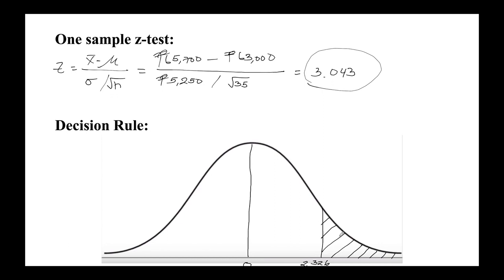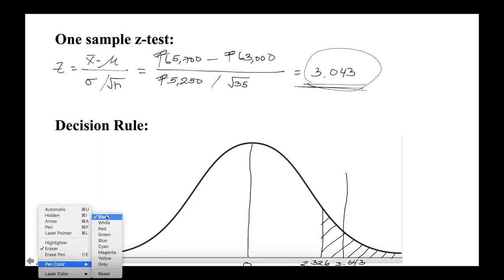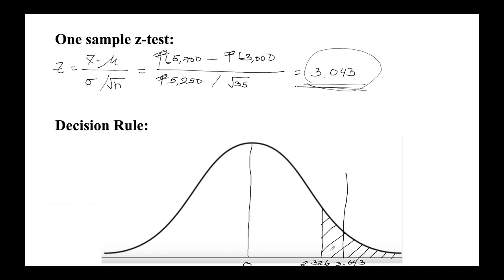Okay? Now, since our value of Z-test computed is 3.043, nasaan yun? Let's assume na dito siya, no? 3.043. Let's just delete ang aking nasulat dito, dumulas. Okay? So, ito yun, 3.043.